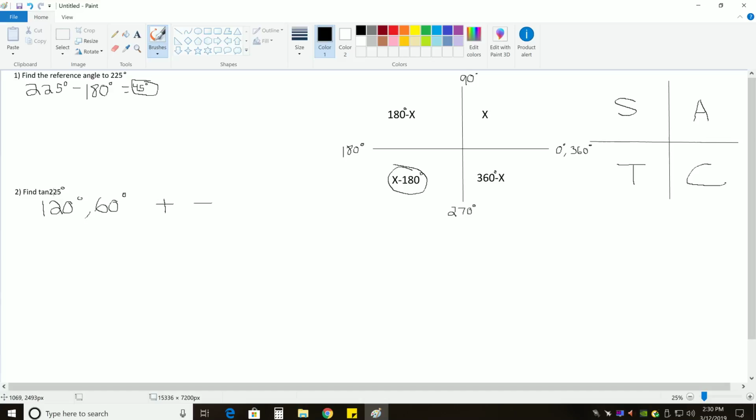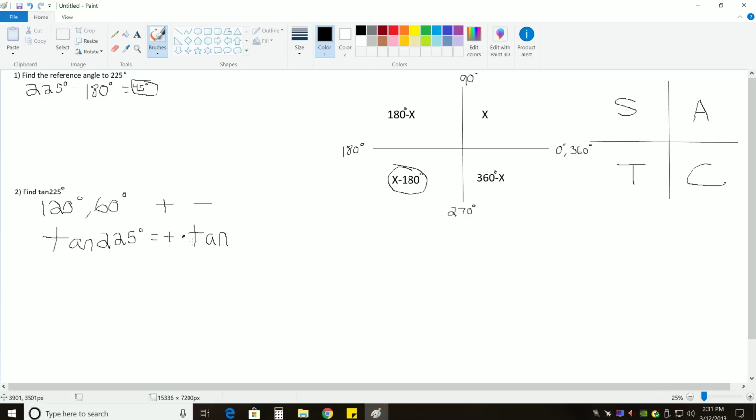So if we do a quick check here, before we do any reference angle work, 225 degrees is again located in quadrant 3. And in quadrant 3, tangent is positive, which means tangent of 225 degrees is equal to a positive number times tangent of its reference angle.